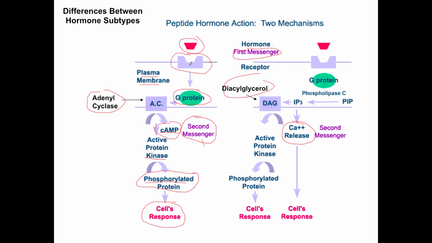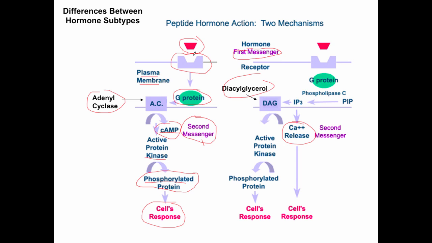Now, insulin, when it binds to receptors on cells, is going to increase the activity. It's going to phosphorylate the enzyme necessary to synthesize what we call glycogen. And glycogen is how glucose is stored inside of cells.